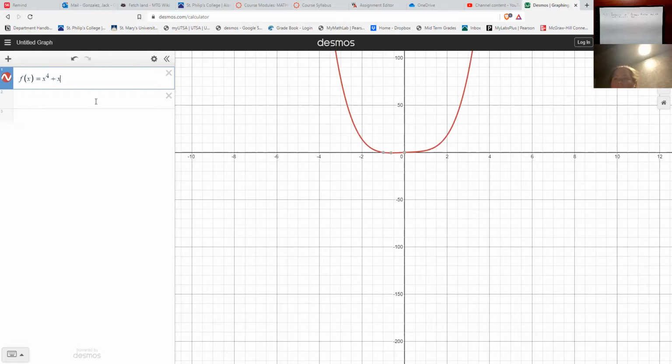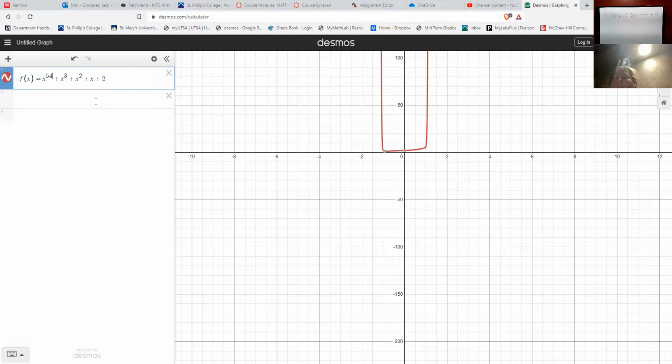Can't see the buttons. That's not what I want.